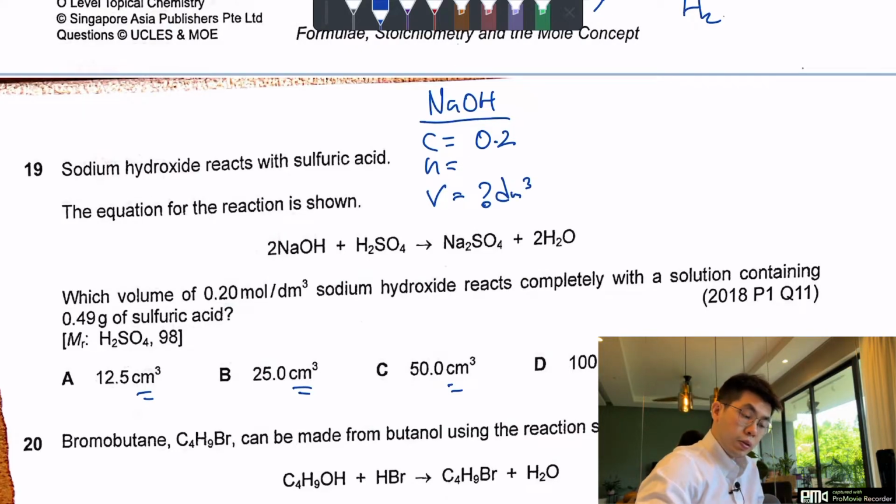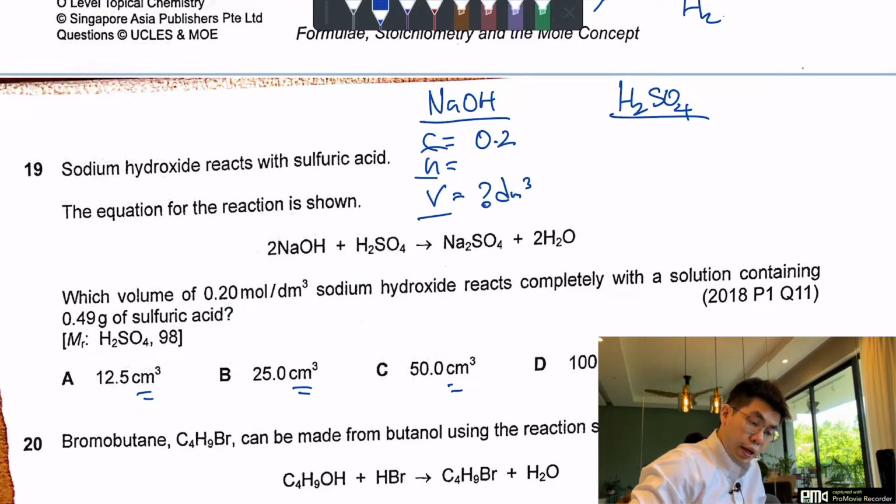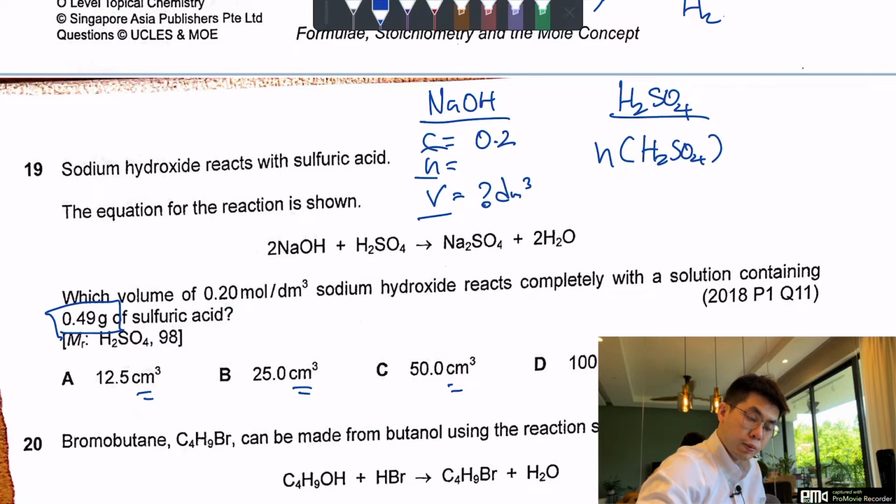Okay, so what about sulfuric acid? Unfortunately, for sulfuric acid, I cannot do C, N, and V because I am given mass. So I just need to calculate the number of moles of sulfuric acid. So number of moles of sulfuric acid is just mass, which is 0.49 grams, divided by the MR of sulfuric acid, which is 98.